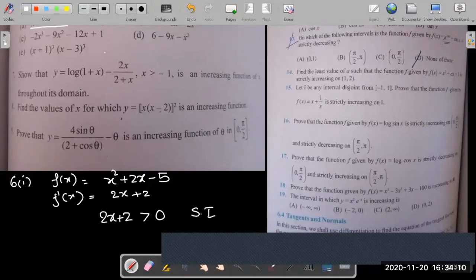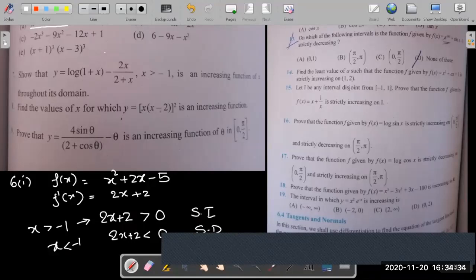If it is less than 0, that will be strictly decreasing. So when we look at this, x greater than minus 1 is strictly increasing. For all x less than minus 1, it is strictly decreasing.